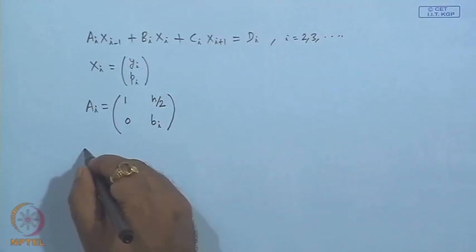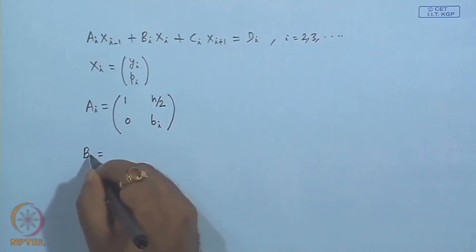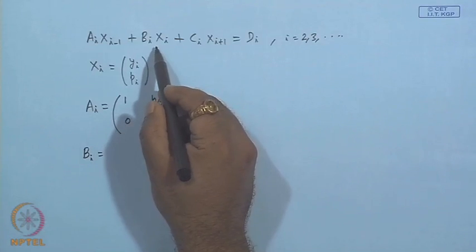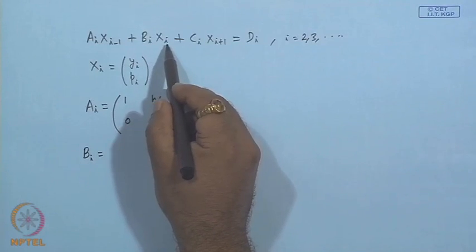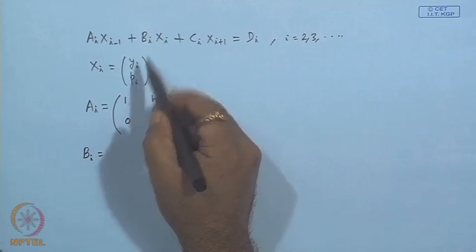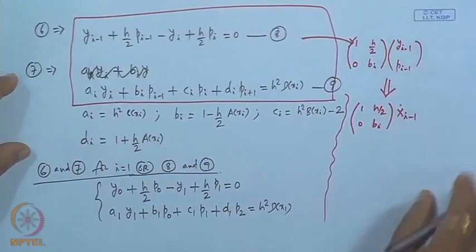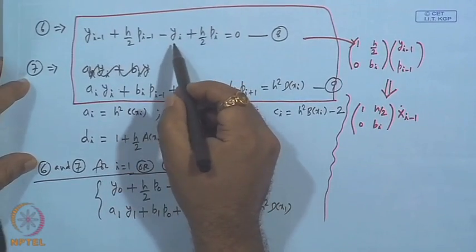Let us look at next, we need B I x I, and what is x I? Y I, p I. Okay. Look at that.